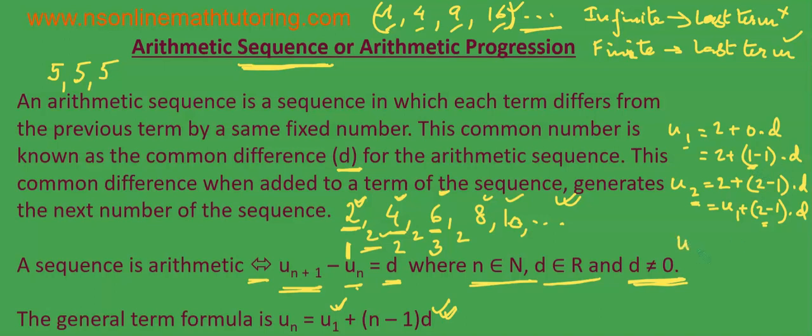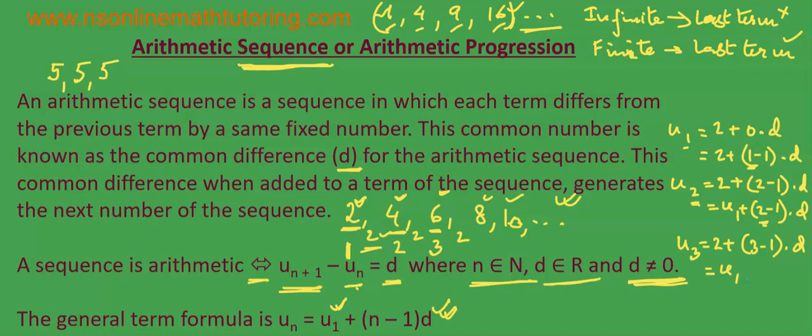What happens to u3? u3 is equal to, I'll be taking u1, so it is 2 plus, let me see, I'm seeing that n minus 1. So let's check. n is equal to 3, so (3 minus 1) times d, where d is equal to 2. So that should be equal to 2 plus 2 times 2. That is 2 plus 4, which is equal to 6.